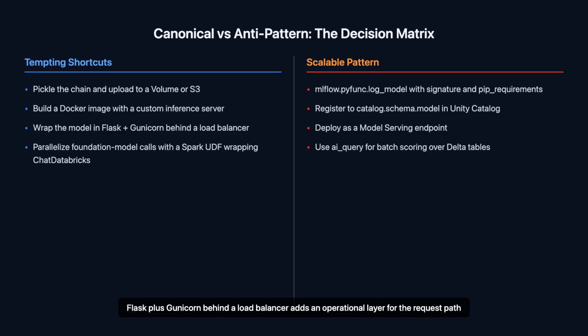Flask plus Gunicorn behind a load balancer adds an operational layer for the request path the platform handles for you. And a Spark UDF wrapping ChatDatabricks fails at executor serialization, because cloudpickle cannot move a live foundation model client across the cluster. The canonical path, log with PyFunc, register to a 3-level Unity Catalog name, deploy as a model serving endpoint, and use ai_query for batch scoring, eliminates all 4 sources of friction.